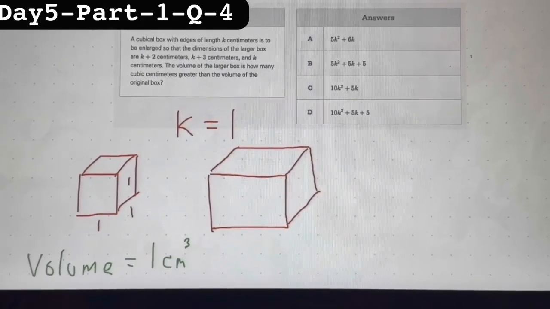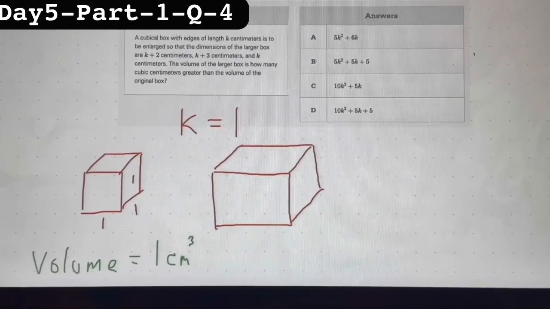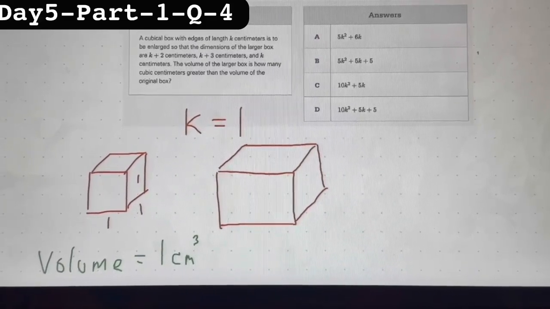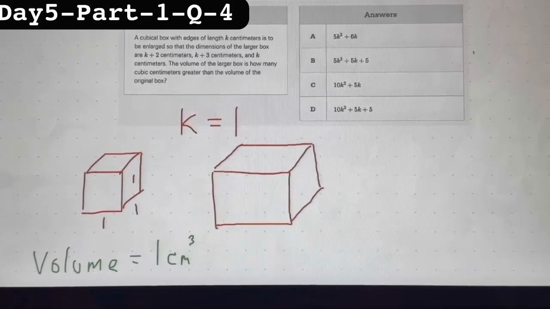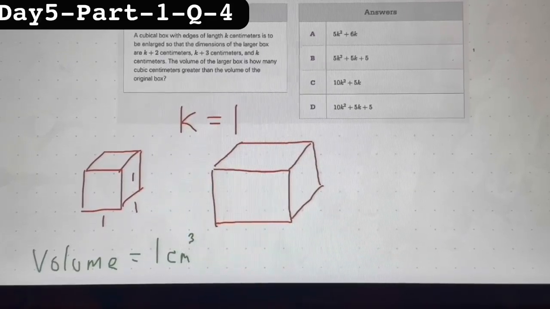The dimensions for the larger box are K plus 2, K plus 3, and K. When K is 1, K plus 3 is 1 plus 3, which is 4, so let's make this side 4.